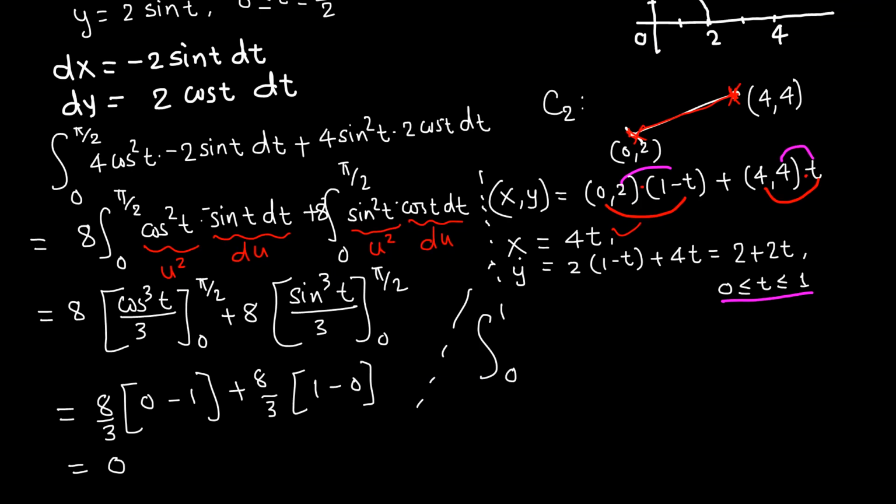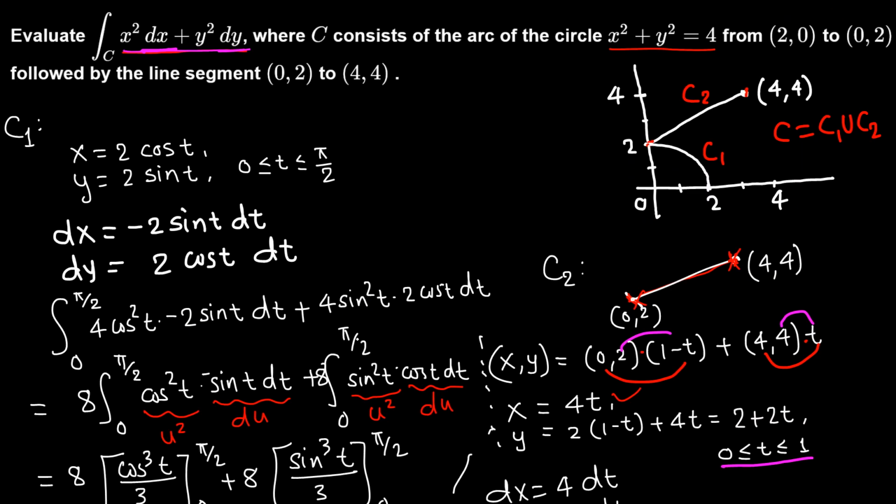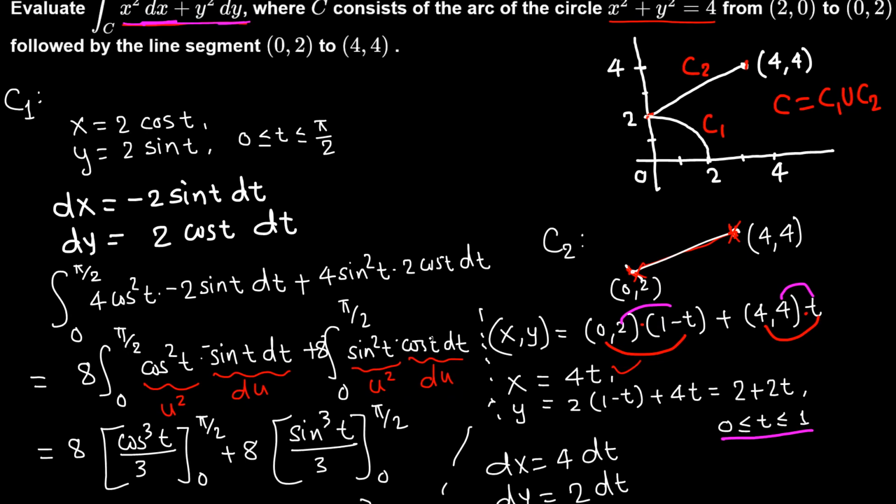So we need dx and dy, so let me find that first. x is 4t, so dx over dt, the derivative of x with respect to t, is 4, and dy over dt, the derivative of 2 plus 2t, is just 2, so dy is 2 dt. Then on C2, t from 0 to 1, the integrand is x squared dx plus y squared dy.